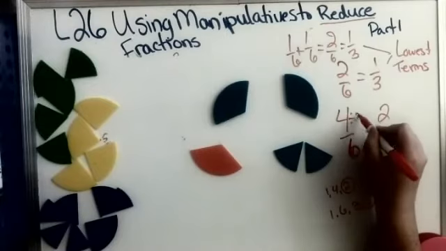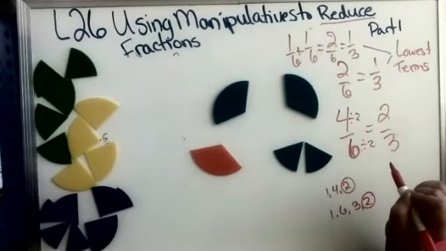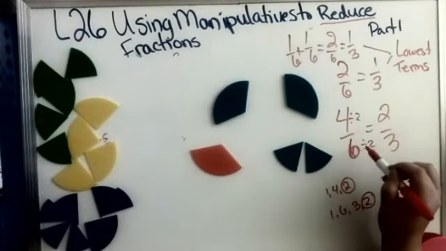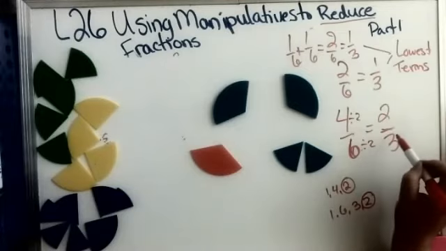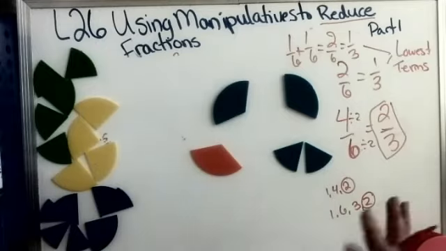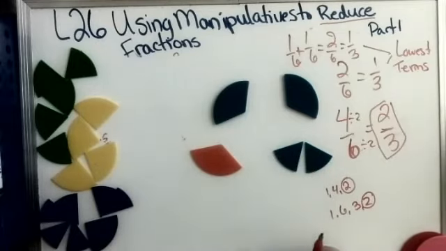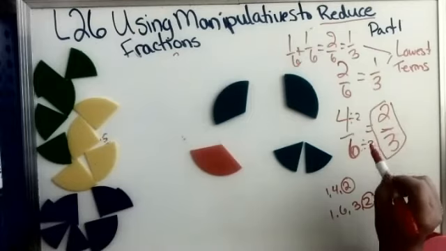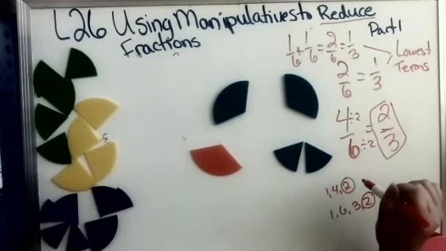So I would divide both of these by 2. 4 divided by 2 is 2, 6 divided by 2 is 3, and I get my lowest terms. That's how you get lowest terms if you don't have manipulatives. So you can either use manipulatives or you can do the division with greatest common factor.